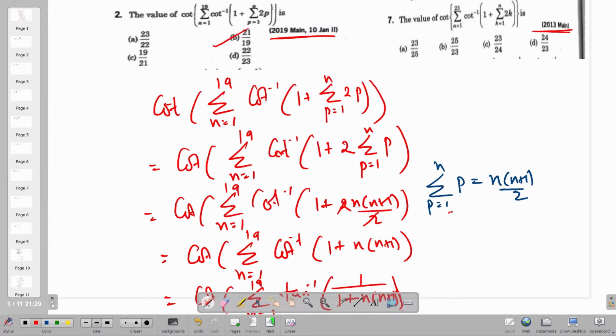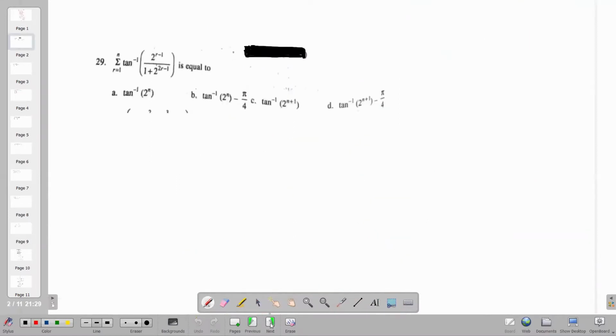So this is how we solve this type of question. For another application of this type, here we have to find sigma r from 1 to n of tan inverse of 2 to the power r minus 1 upon 1 plus 2 to the power 2r minus 1.